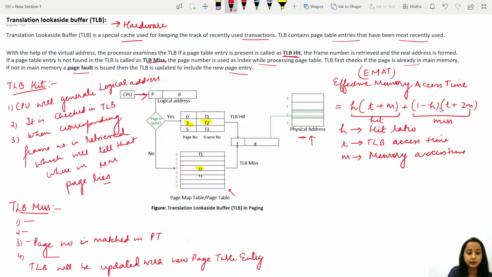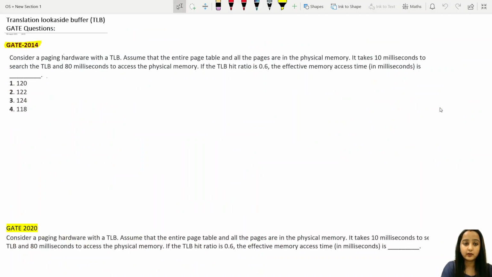So let's practice some questions based on TLB. It is also a very important topic from the GATE point of view. Let's solve the GATE 2014 question. This is simple. Consider a paging hardware with a TLB.